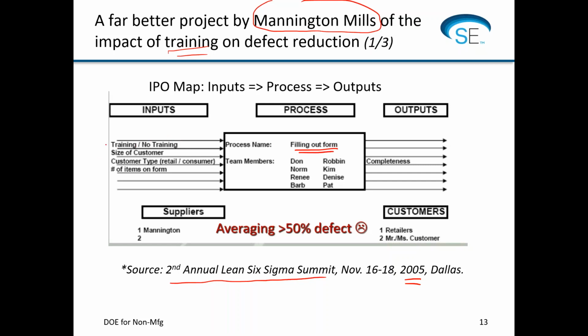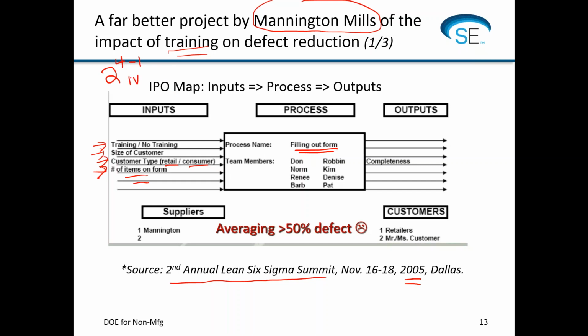They did some brainstorming, and you can see one of the key factors is whether they trained the people filling out the form or not. The size of the customer, which I suppose changes the number of items on the form. The type of customer, a categorical factor, retail versus consumer, and then a numerical factor is the number of items on the form. I don't recall what type of experiment they did. They might have done a 2 to the 4 minus 1, which would be a half fraction.